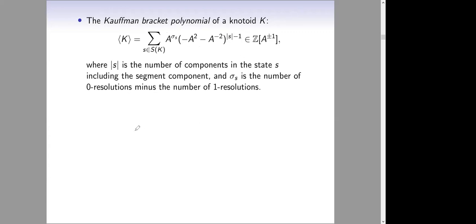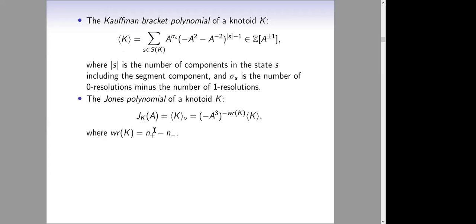Just like in the regular Kauffman bracket, this is the same, and the result is this Kauffman bracket. It turns out to be invariant under Reidemeister 2 and 3, but not Reidemeister 1. So if you include this extra correction term, where this w(K) is the writhe of the knot, the number of positive crossings minus the number of negative crossings.